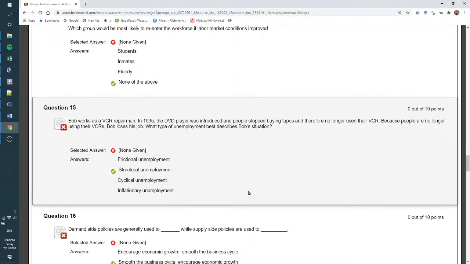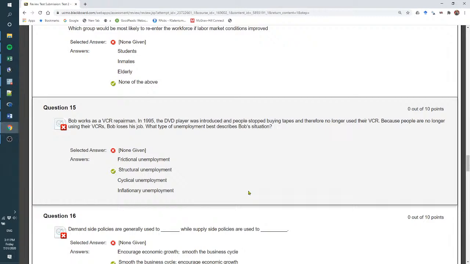All right, Bob works as a VCR repairman. In 1995, the DVD player was introduced and people stopped buying tapes and therefore no longer use their VCR. Because people are no longer using their VCRs, Bob loses his job. What type of unemployment best describes Bob's situation? This is a classic example of structural unemployment.